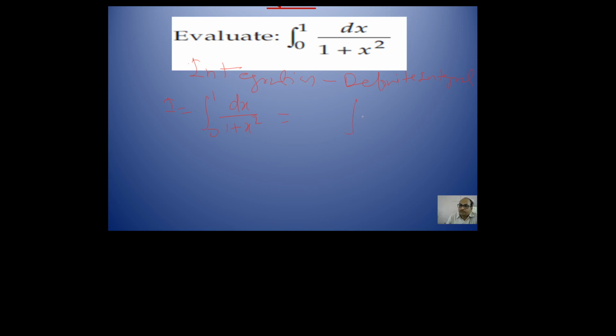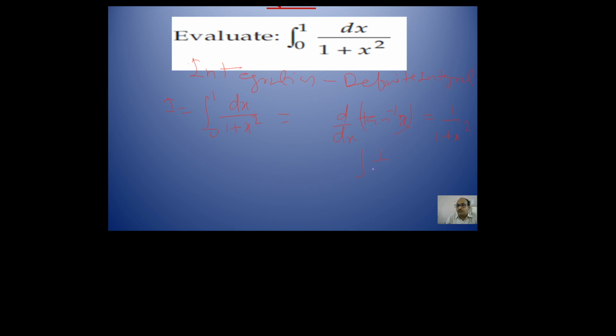We know that the differentiation d by dx of tan inverse x is equal to 1 by 1 plus x square.